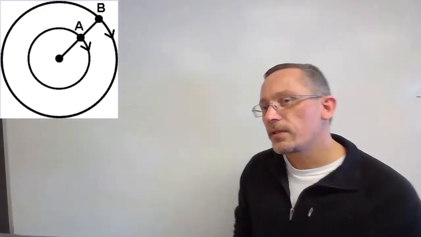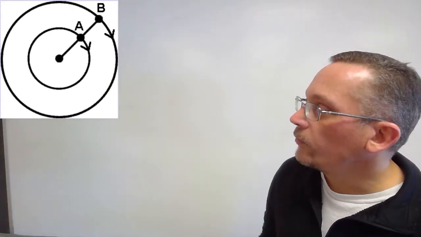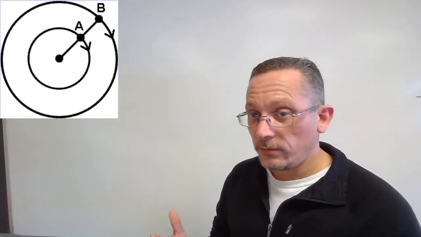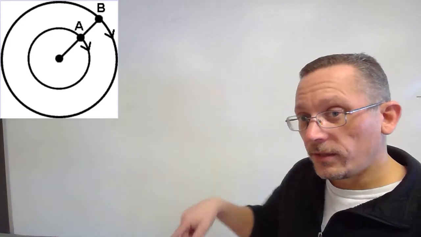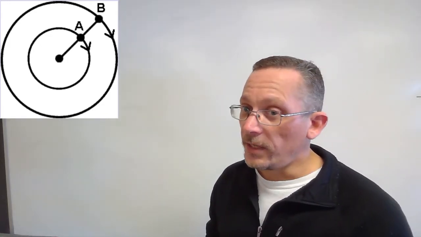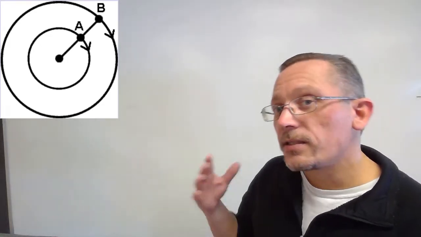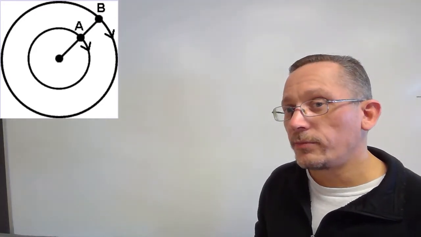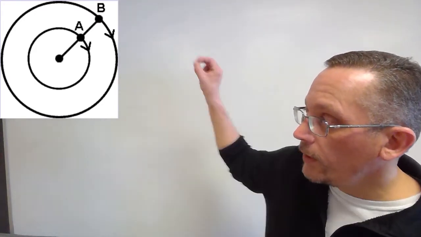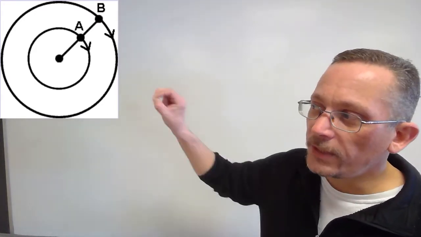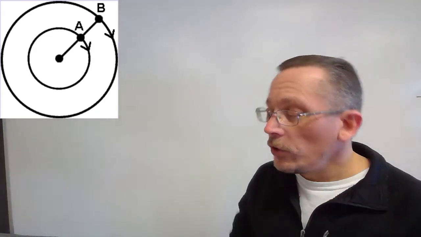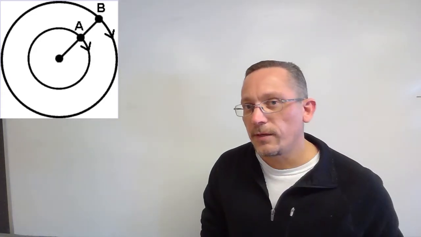Well, you could see that object B would have to move around faster in order to make the complete circle in the same amount of time, because object B has a longer path to take than object A. The circle for object B is bigger than the circle for object A, so it would have to travel more distance in the same time.